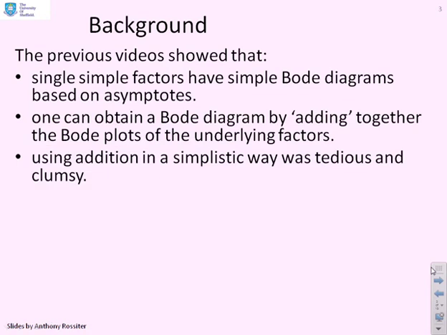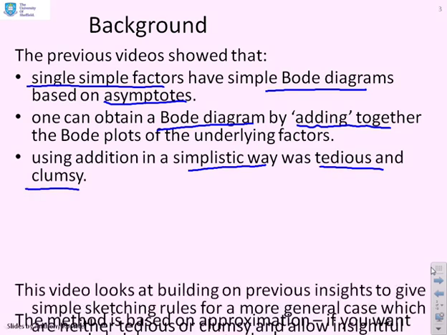Now, the previous videos have shown that if you have a single simple factor, then you can do a Bode diagram sketch based on asymptotes fairly quickly. We've also shown that you can obtain a Bode diagram with several simple factors by adding together the Bode diagrams of the underlying factors. However, although this was simple, it was tedious and clumsy.